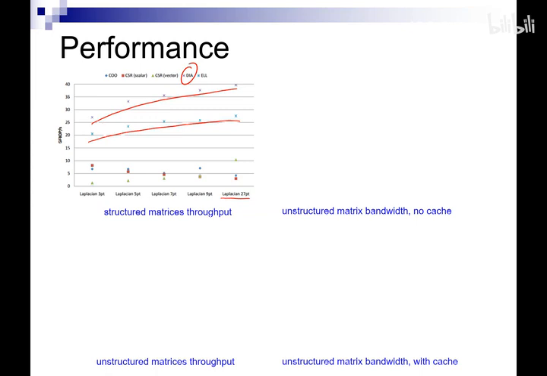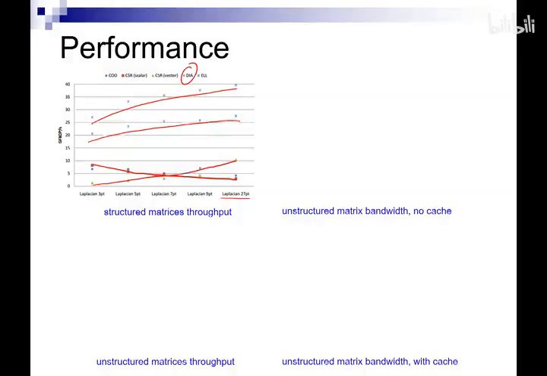I just want to say one thing: these red ones are the CSR scalar format, and the green one is the CSR vector format. You can see that the CSR scalar format works more and more poorly as the size of these matrices increases.